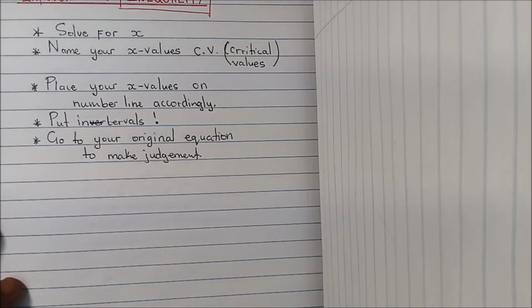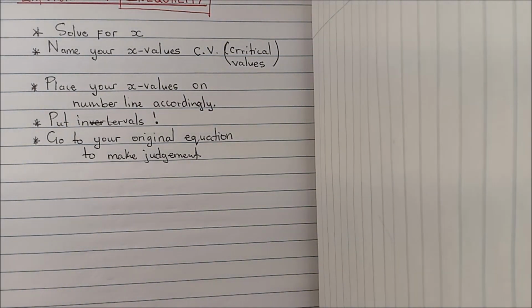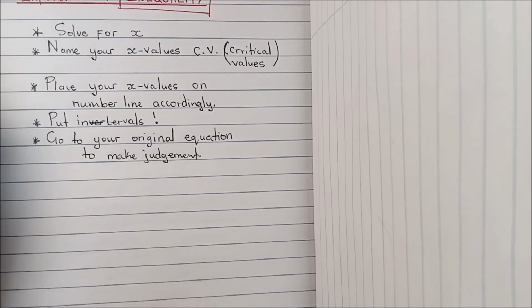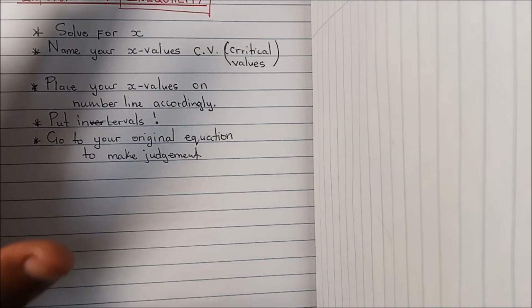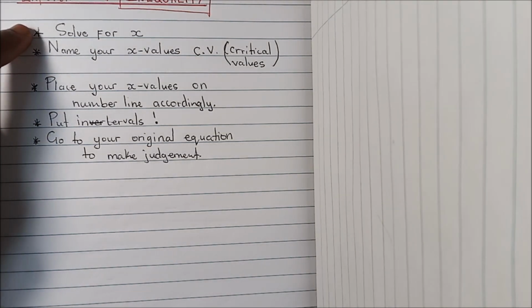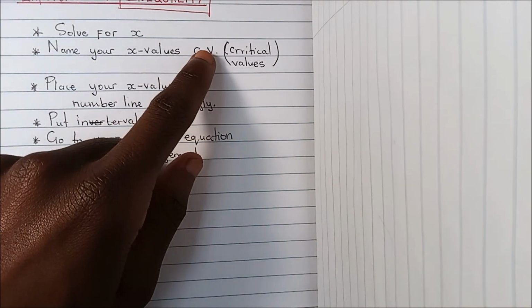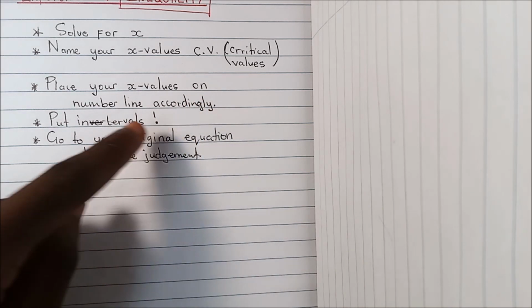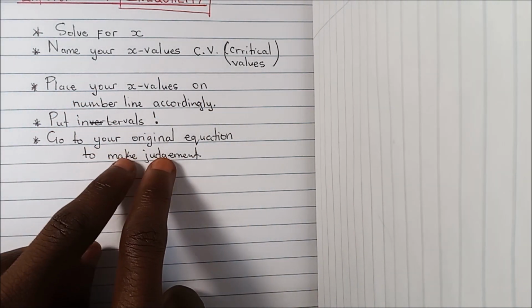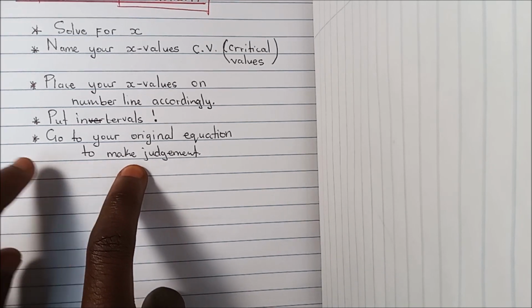I'm sure according to some people I'm speaking Hindi, but I'm going to show you how to follow this guideline in order for you to be able to solve the inequality. You solve for x, you know your x values, which will be your critical values. You place your x values on the number line accordingly. You put intervals. You go to your original equations to make judgment.